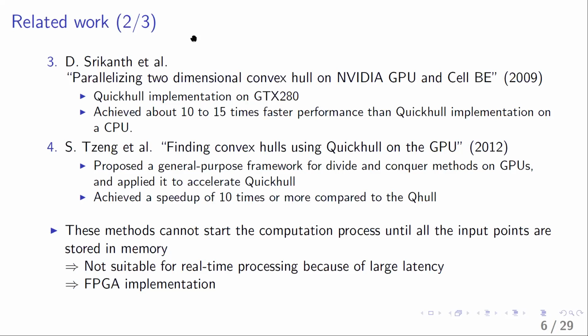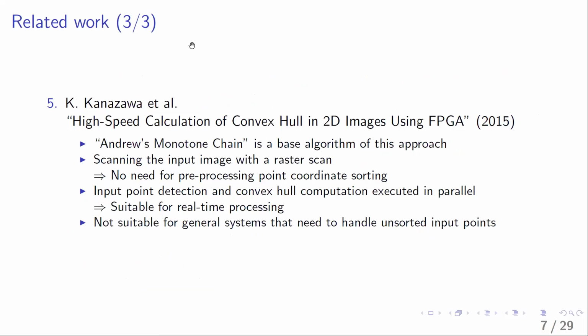On the other hand, there is work that implements convex hull computation on FPGA. That is this work. In this work, they implemented the monotone chain algorithm on FPGA. This algorithm needs to sort a given point set as a pre-processing step.